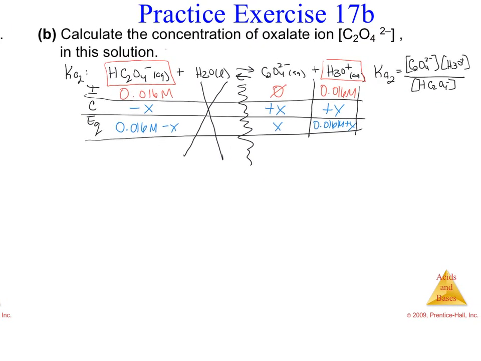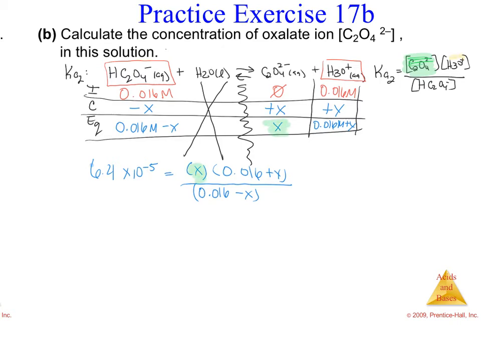So let's write that down. 6.4 times 10 to the negative 5th is my Ka2 value, which equals, from my icebox, X times 0.016 plus X divided by 0.016 minus X. And now I can see that my Ka value is quite small. Small is typically 10 to the negative 3rd or smaller. We'll always go back and check.